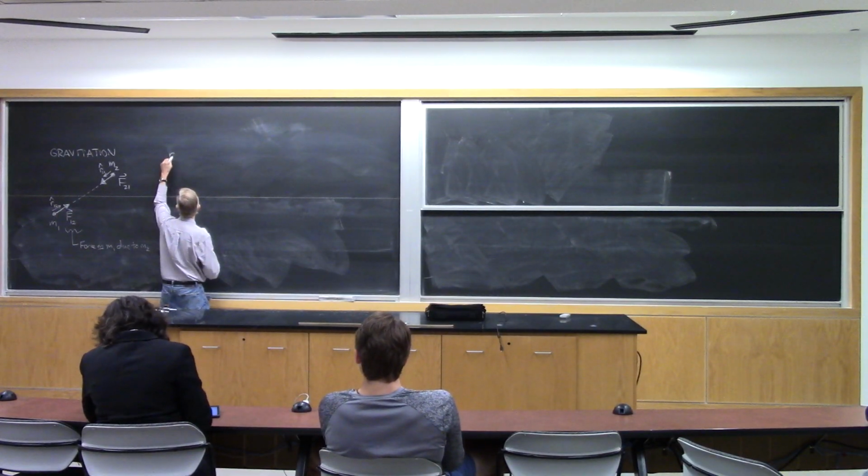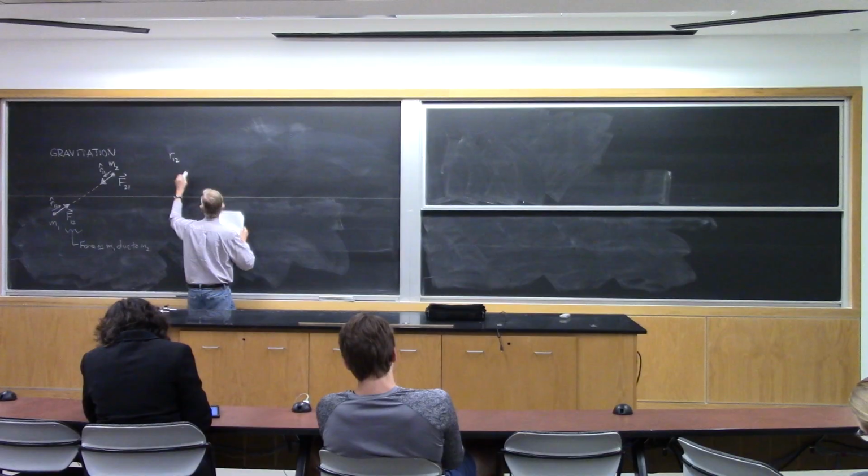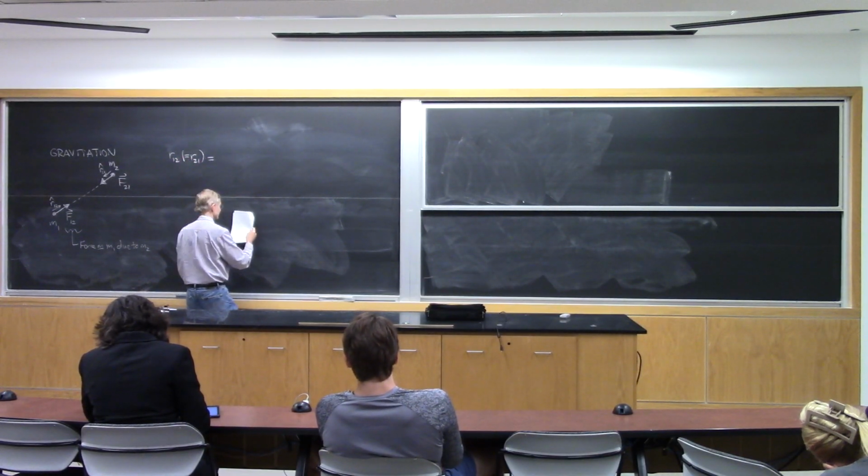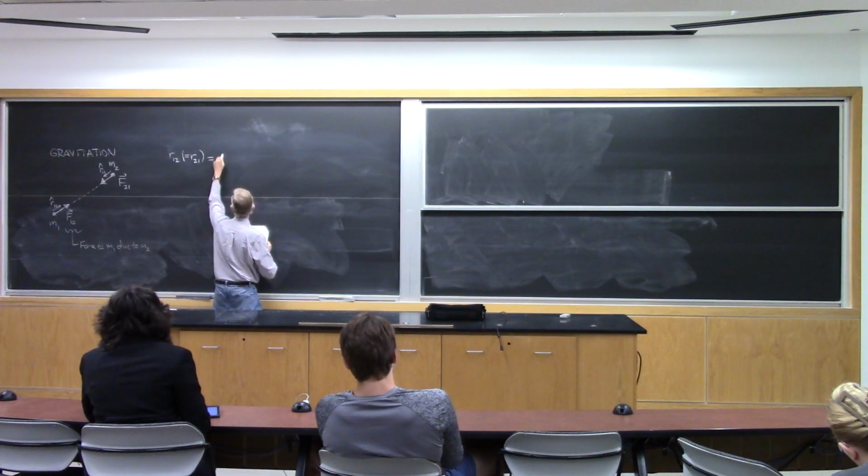And so R12, which of course you could also call R21, is the distance from M1 to M2.